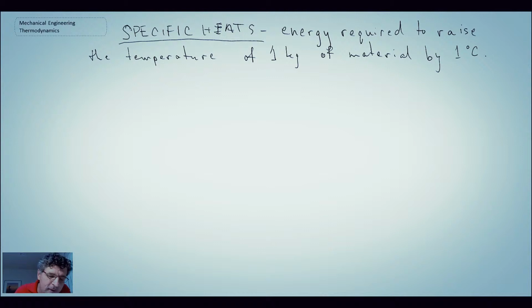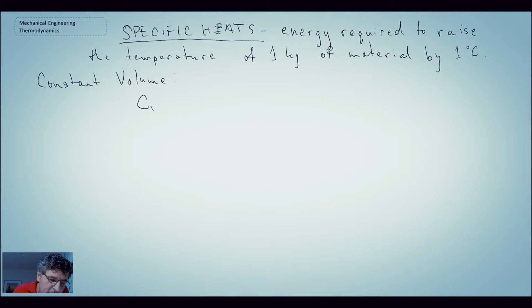This assumes we're dealing with a gas or a liquid. In the case of a solid, the specific heat at constant pressure and at constant volume would be the same, there'd be no difference. But with a gas or a liquid, you will have expansion when there is heating, and consequently you need to take that into account.